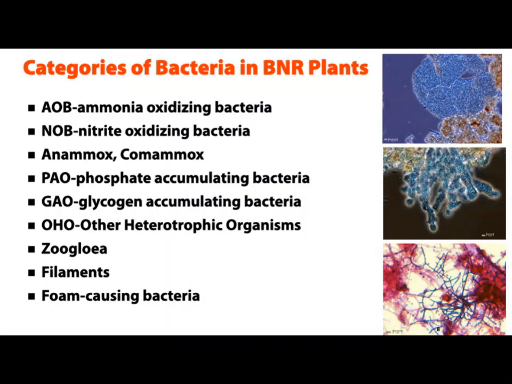There are several filaments that have also been a little bit of our bane because they cause foaming. The greasy chocolate mousse looking character of activated sludge foam is sometimes related to the growth of a couple of different filaments. Nocardia, which is in the Actinomycetales family, or we'll call them Nocardia-like filaments.